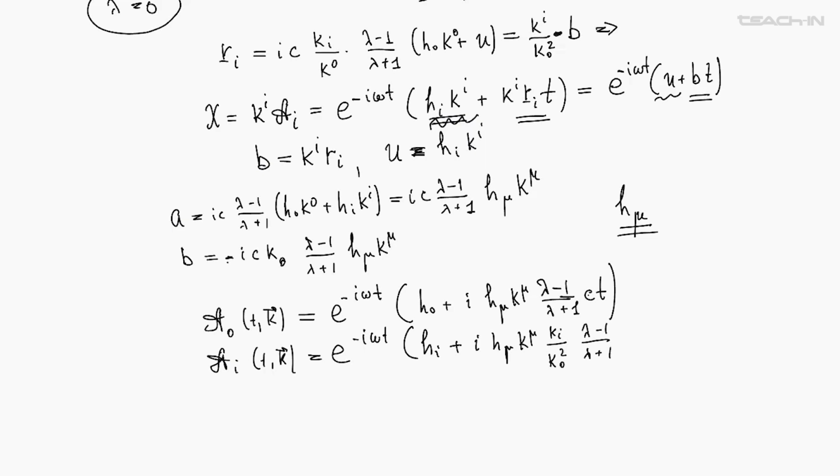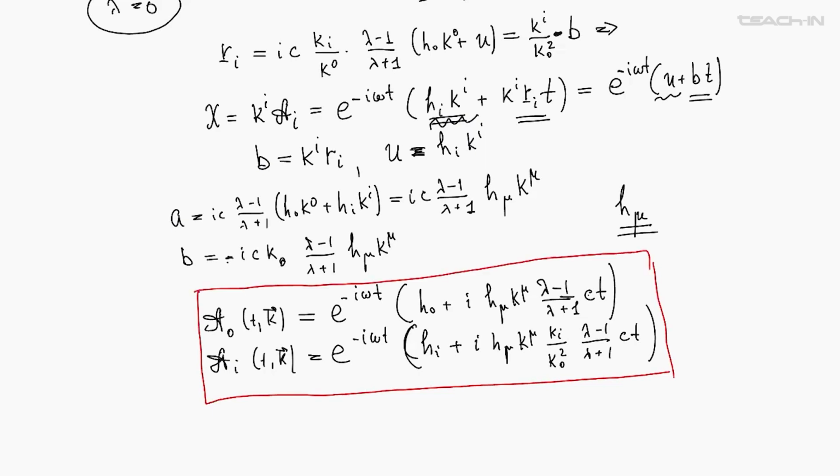And so what is here is a solution of my equations of motion in the Fourier space. So this is how the solution looks like. And it's characterized by these variables h_μ, which must contain in them the creation and annihilation operators for the electromagnetic field.